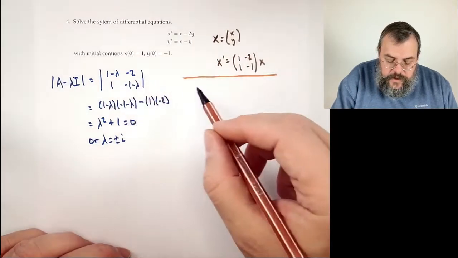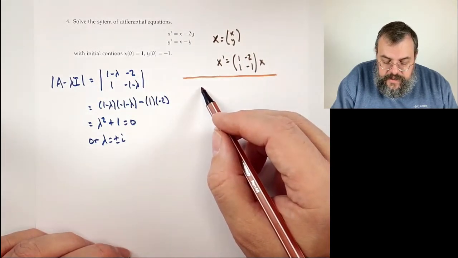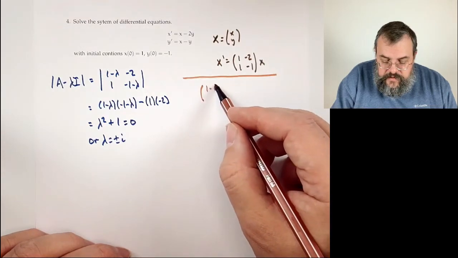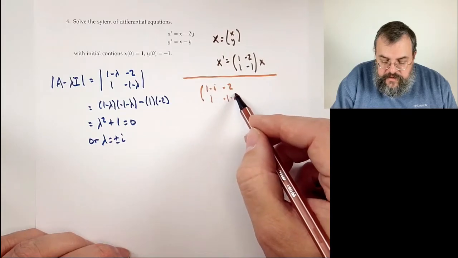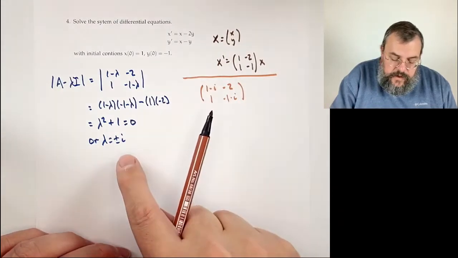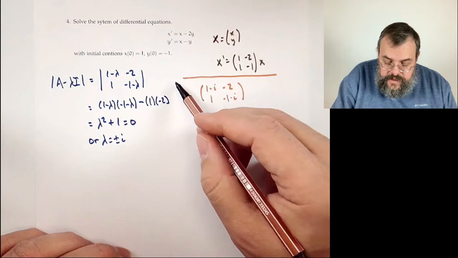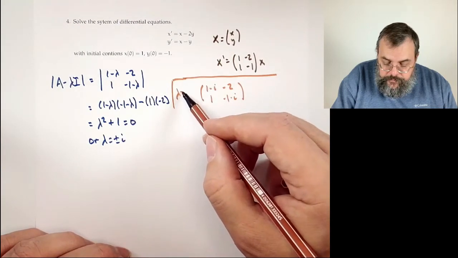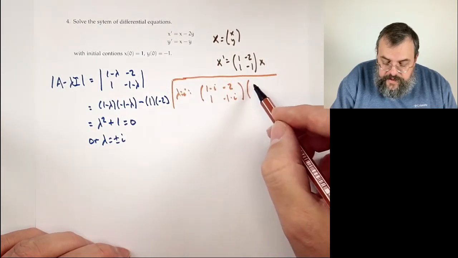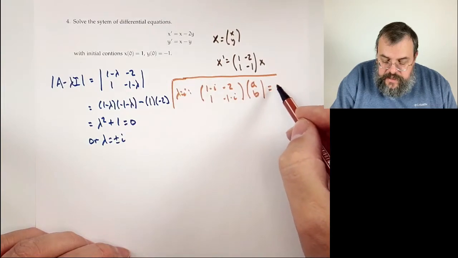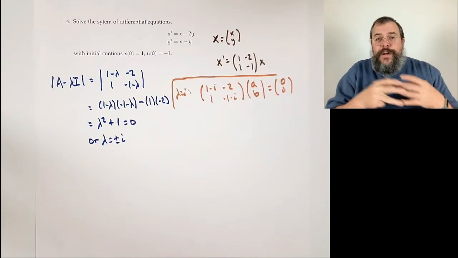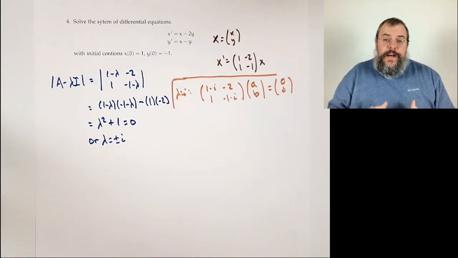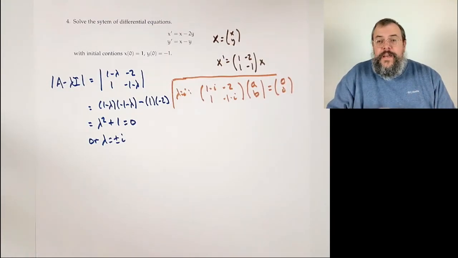We're going to look at A minus lambda I. That's 1 minus i, minus 2, 1, minus 1 minus i. I'm plugging in lambda equals i, and I want to multiply it by some vector (a, b) and get out (0, 0). So we're trying to solve for the eigenvector associated with the eigenvalue i.